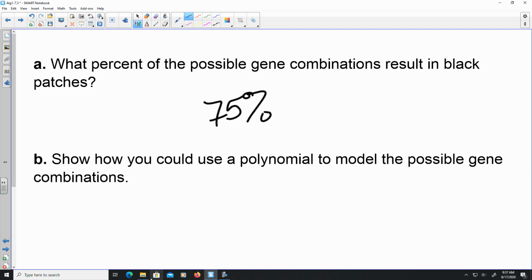Here, it wants you to show how to use a polynomial to model the possible gene combinations. So here is how we go about doing that.